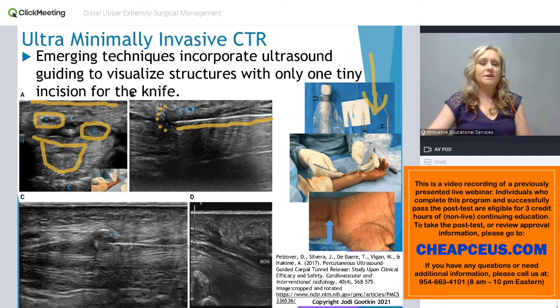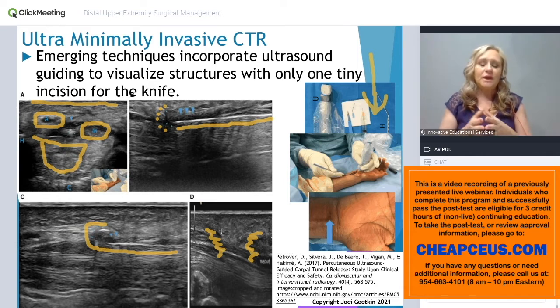That's what we're seeing here on the bottom left image. Just above here, we can see the hook going up into that retinaculum. And in the far right here, we can see the rough edges of where that retinaculum has been released.